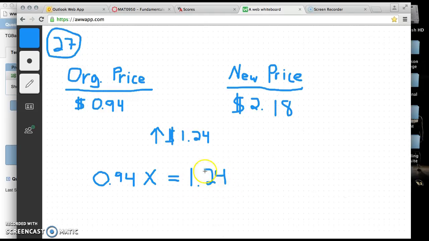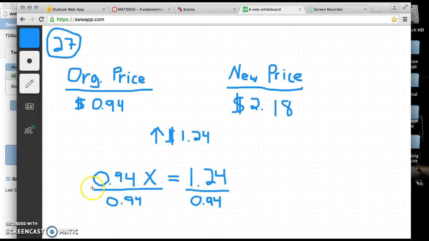That will tell us what percent this increase is of the original amount. To solve this equation, notice that 0.94 is connected to x through multiplication. To undo that multiplication, we have to divide. Whatever we do on one side, we have to do to the other in order to maintain equivalence, so we divide both sides by 0.94.